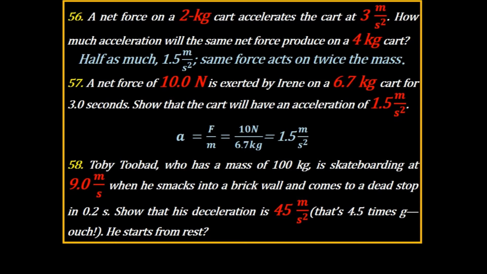So Toby Too Bad has a mass of 100 kilograms, is skateboarding at 9 meters per second when he smacks into a brick wall and comes to a dead stop in 0.2 seconds. Show that his deceleration is 45 meters per second squared. That's 4.5 times g. Ouch.